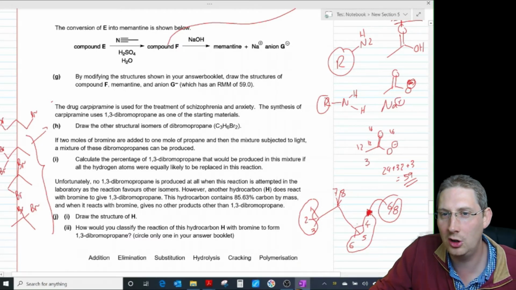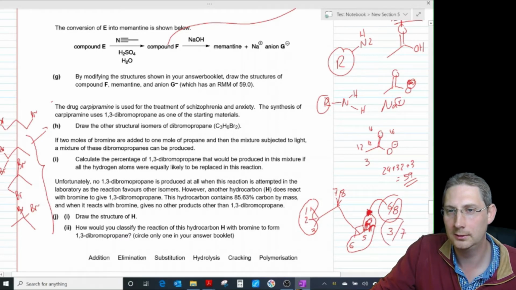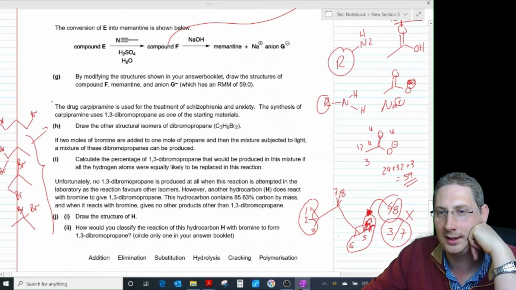Now, having replaced one of these with bromine, the chance that the next one would go on the other end is 3 chances out of the 7 remaining hydrogens. 3 there, but you've got 2 there and 2 there, so 3/7.